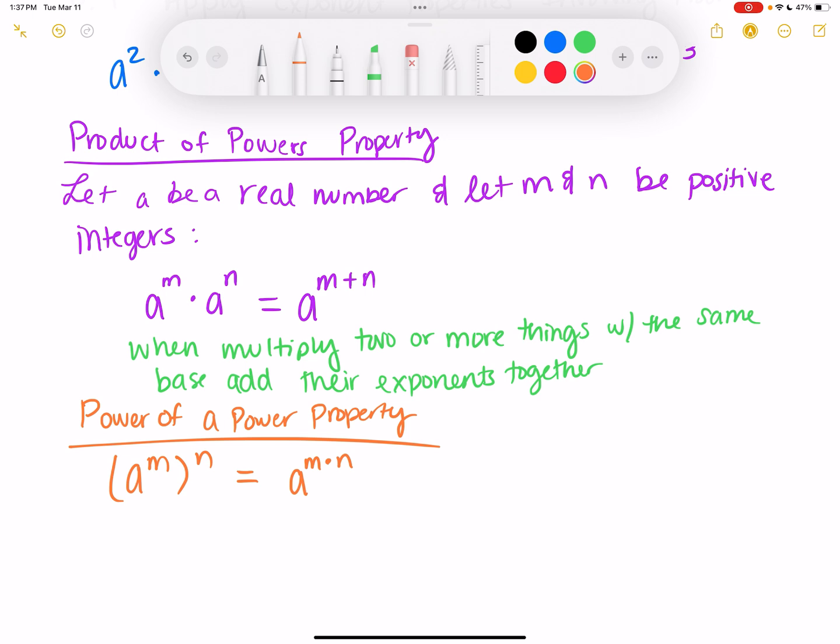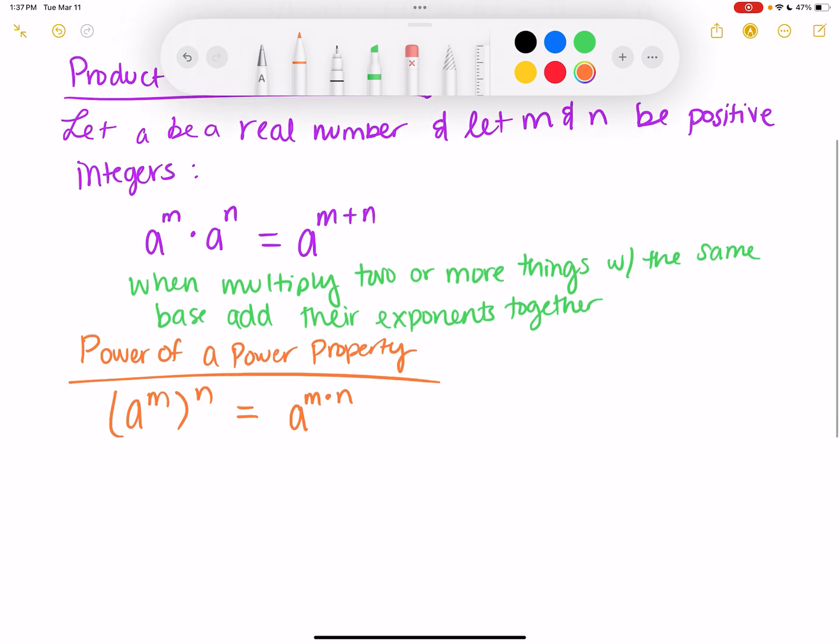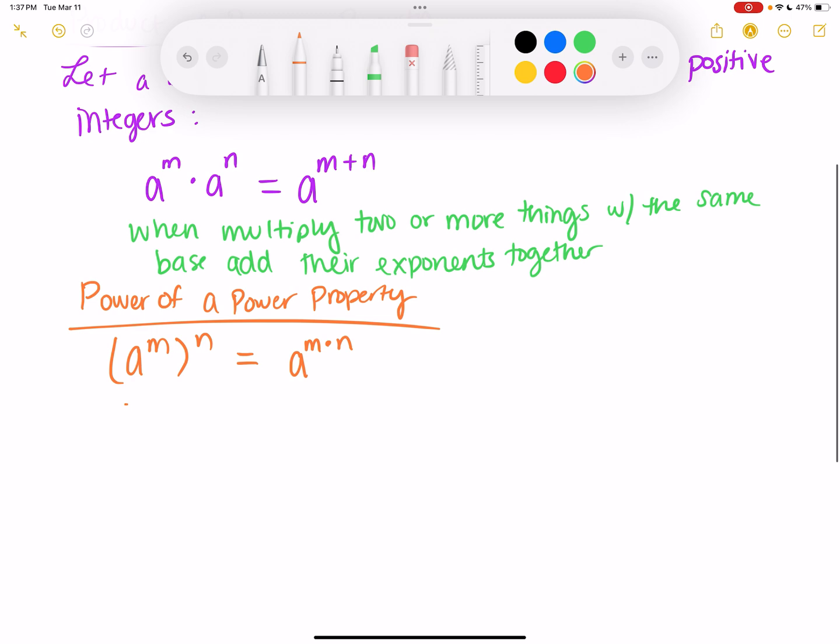So if it's two things with the same base, we add their exponents. If it's a base being raised to something else, then we multiply. So to find a power to a power, multiply the exponents.